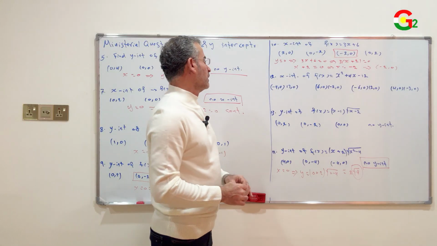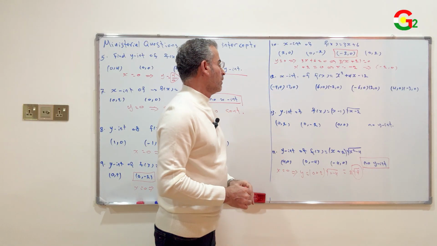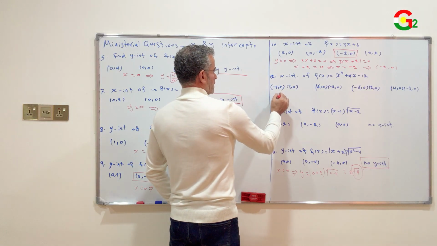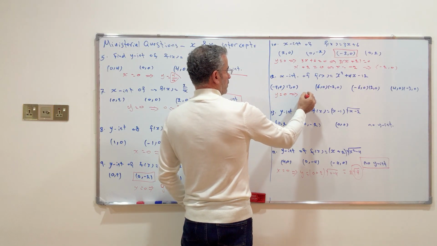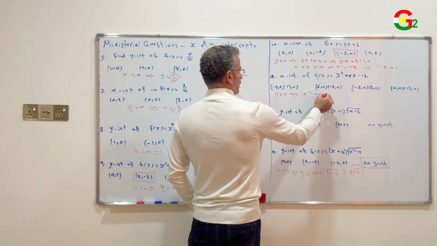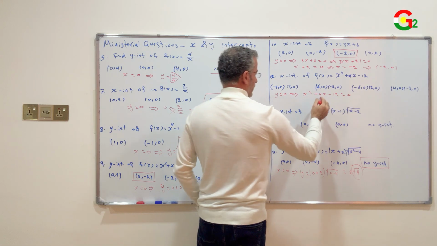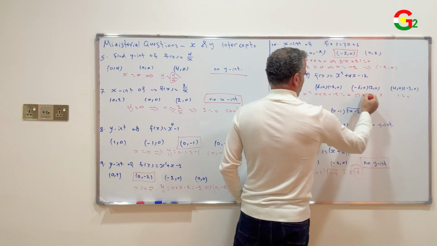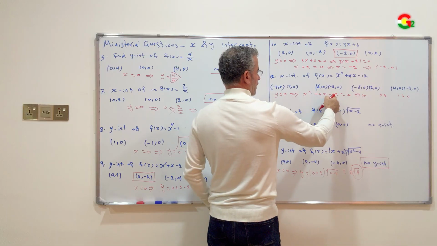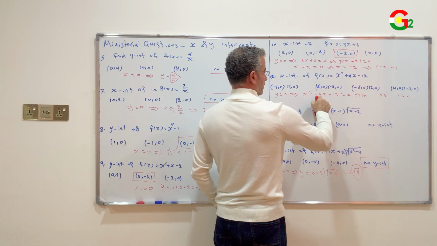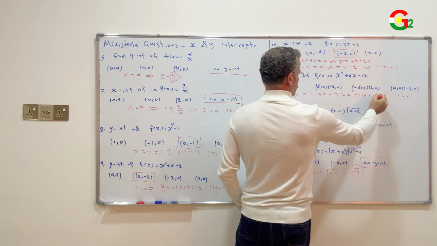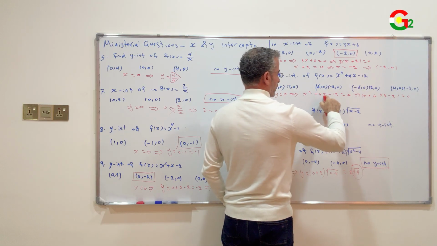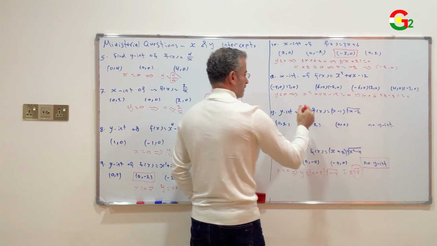Question number 12. Find the x-intercept of the function x squared plus 4x minus 12. For the x-intercept, set y equals 0. Then x squared plus 4x minus 12 equals 0. Factorize by finding two numbers: 6x minus 2x gives 4x, and 6 times negative 2 gives negative 12.